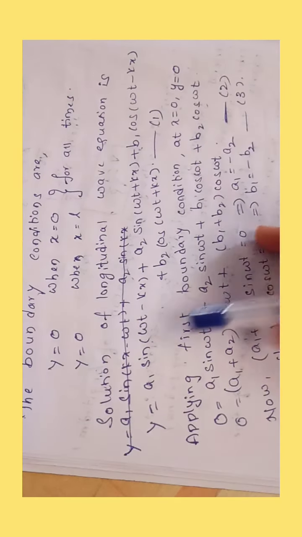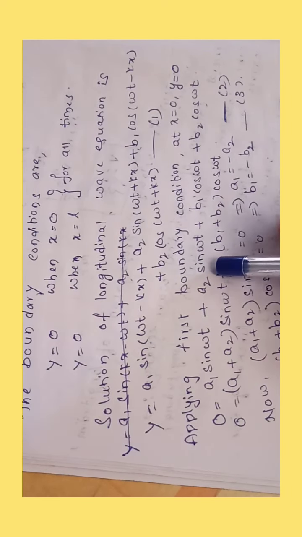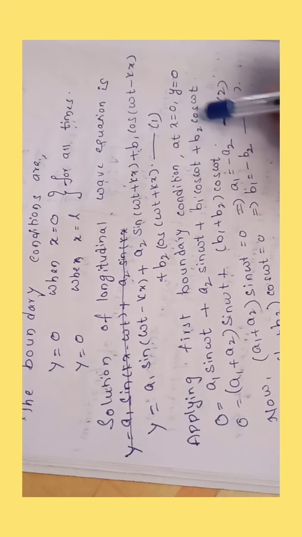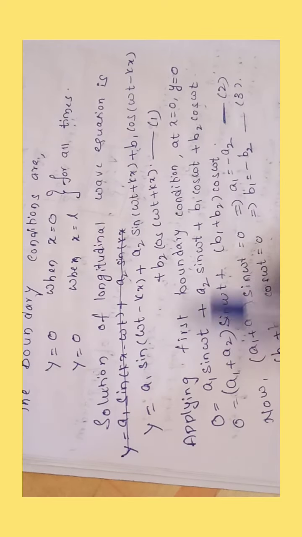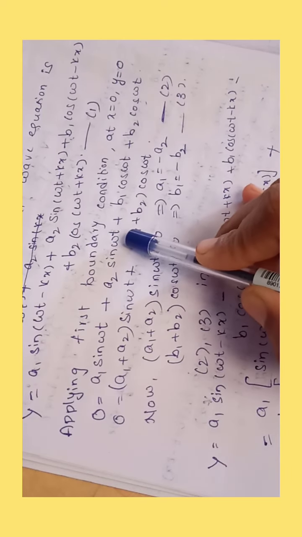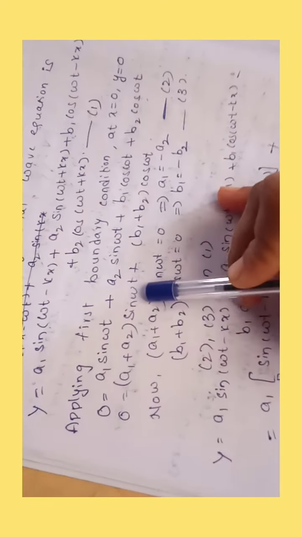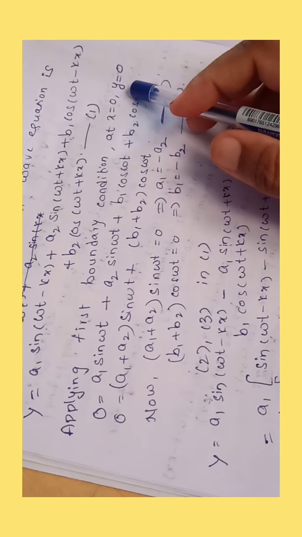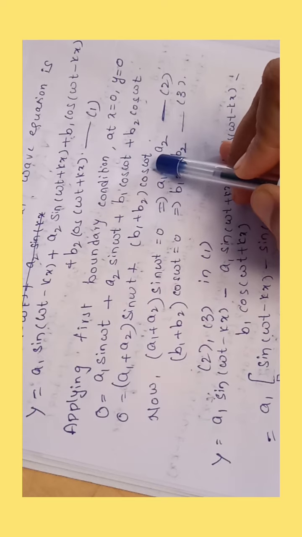We get 0 equal to a1 sin omega t plus a2 sin omega t plus b1 cos omega t plus b2 cos omega t. Right? Now from the first two terms we can take sin omega t as common, so 0 equal to (a1 plus a2) sin omega t plus, in the last two terms we can take cos omega t as common, (b1 plus b2) cos omega t.